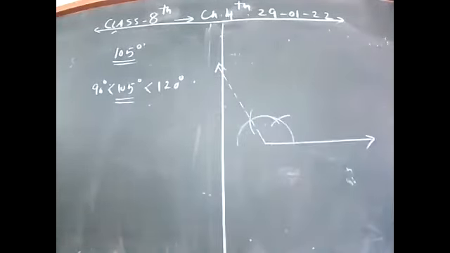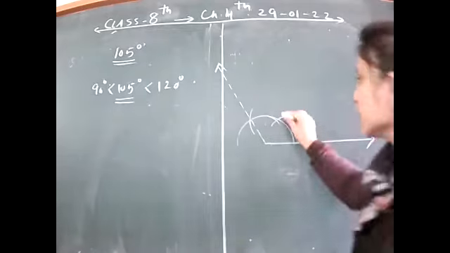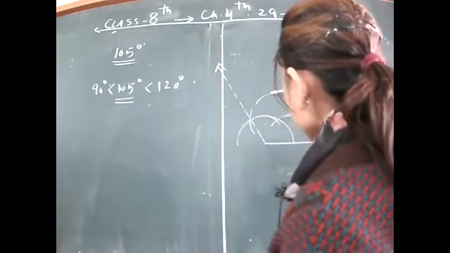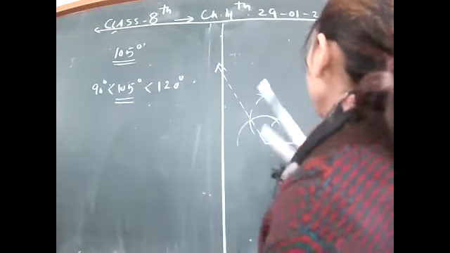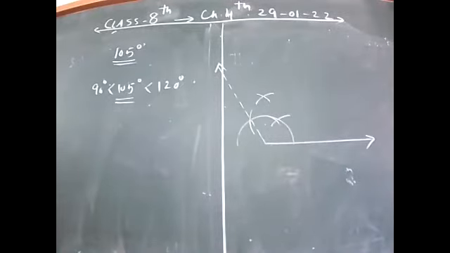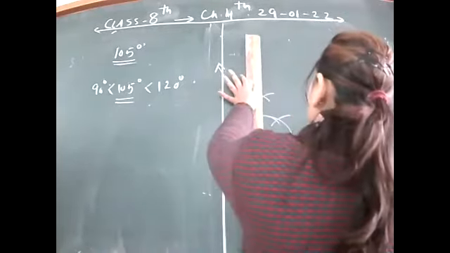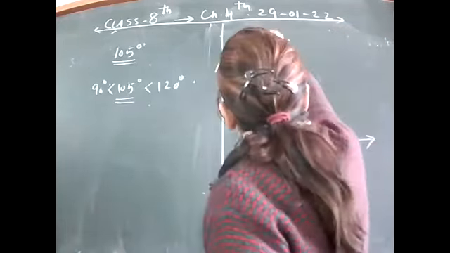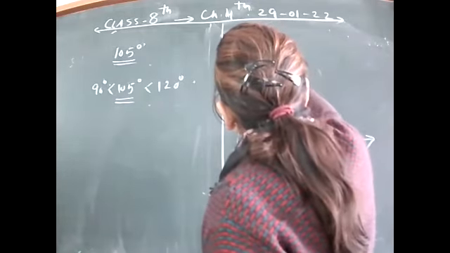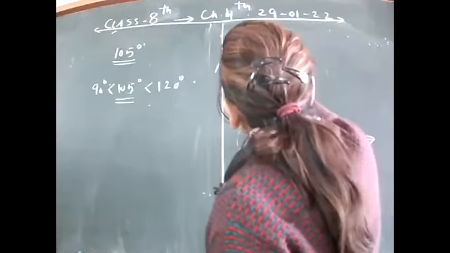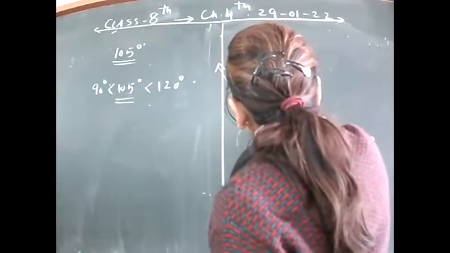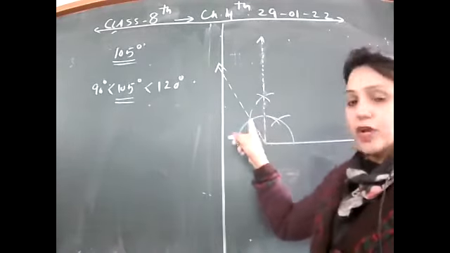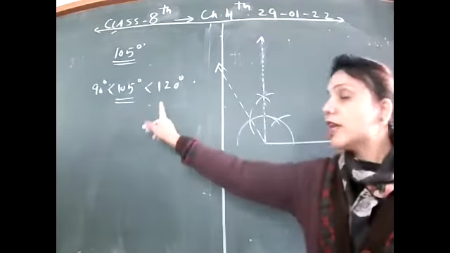This is your 120. This is your 60, and you need to make 90. So one arc is from 60. Another arc is from 120, and that will lead you to 90. ये भी आपको डॉटेड बनाना चाहिए because this is just helping you. This is not your target. Your target is 105. You know this 90 and 120, इसके between 105 है, we already have deduced this.